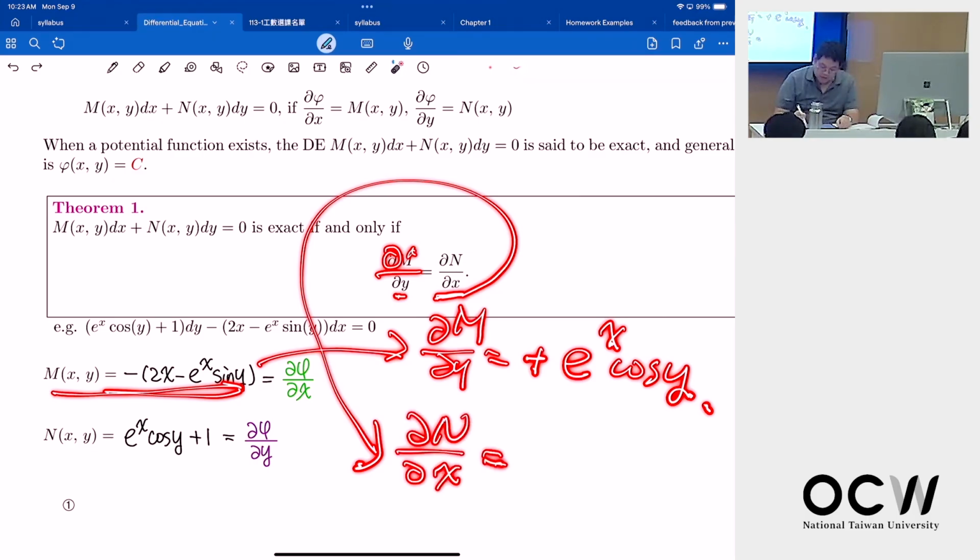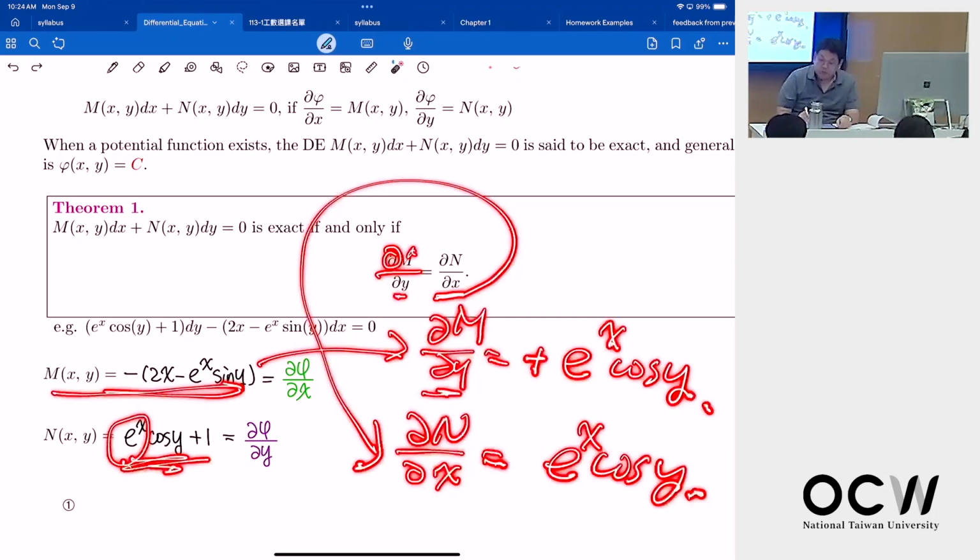It should be e to the x cosine y. Correct? Because here I only take the derivative with respect to x, and here I take the derivative with respect to y. And they are equal. So now, since they are equal, I know this differential equation is exact.